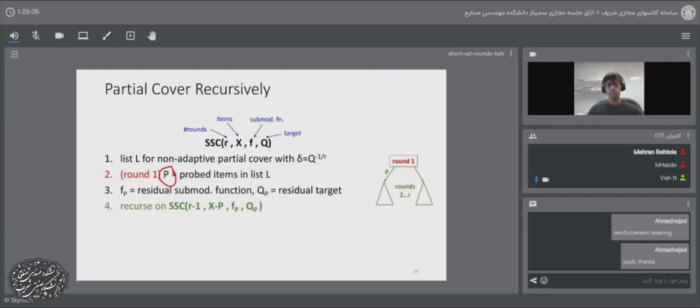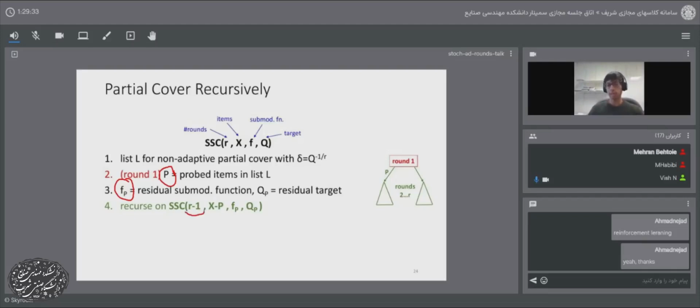So if you take this residual submodular function that has already conditioned on the items that we probed in round one, then we'll also get a residual target, which is how much more we need to cover of this residual function so that we end up covering the full function. And so that sets up an instance that we can recurse on. And now we are going to recurse using one less round.